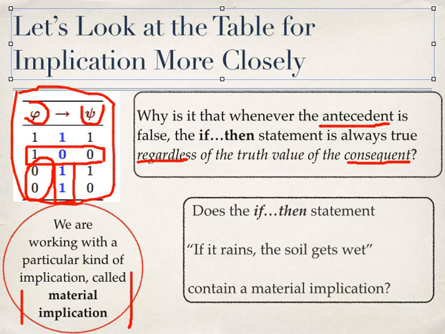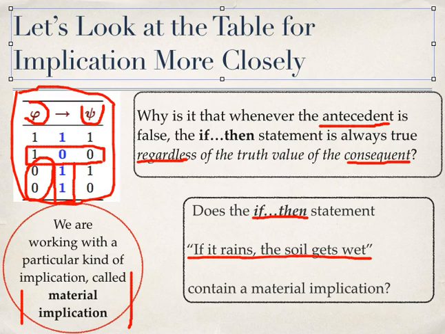Now you might ask yourself, does this understanding of the meaning of implication capture what we mean in ordinary language when we use the statement if-then? For example, when we say if it rains, the soil gets wet, this seems to be true. Now, according to the truth table that we have here, this statement would be true whenever it does not rain.